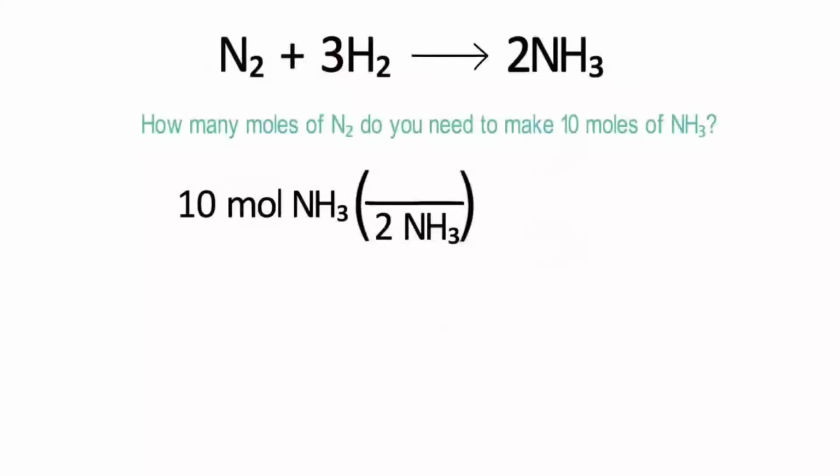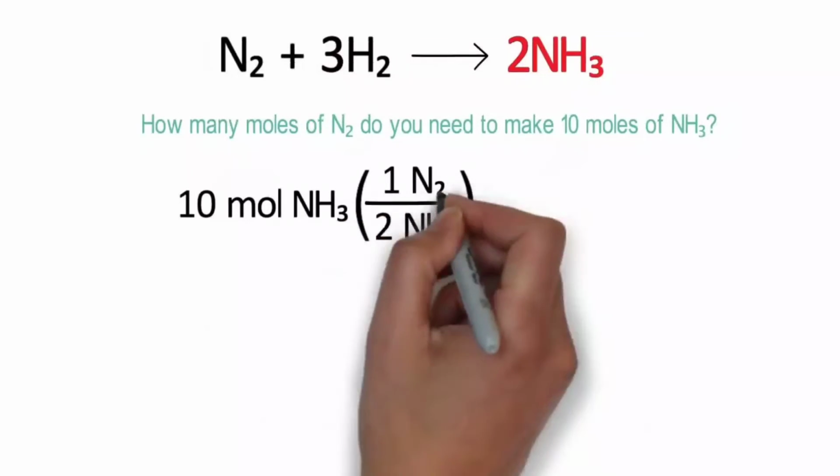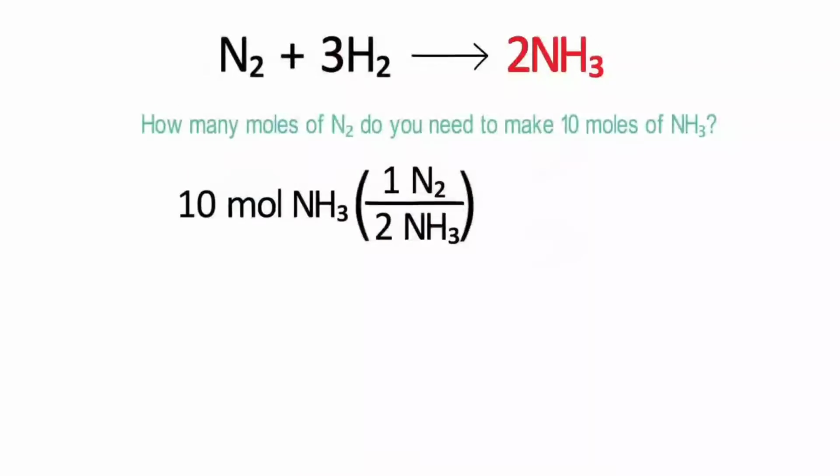This 2NH3 comes directly from the balanced reaction. Because we are solving for nitrogen, we put 1 N2 on the top. The 1 and 2 also come from the balanced reaction. Remember, if no number is written in front of a chemical, that means the coefficient is 1.